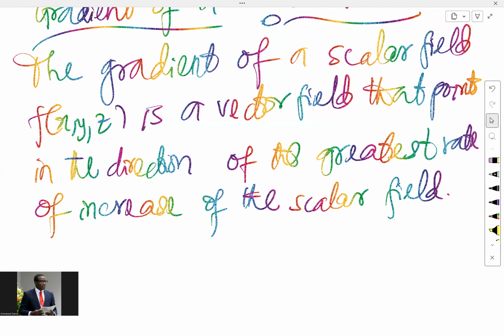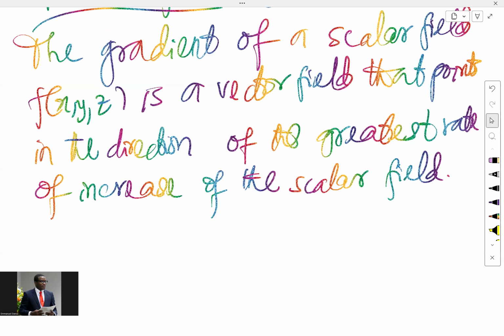So you have a scalar field, right? And it is increasing in all directions or at all points. The point at which it increases the most, that is where the gradient is pointing.